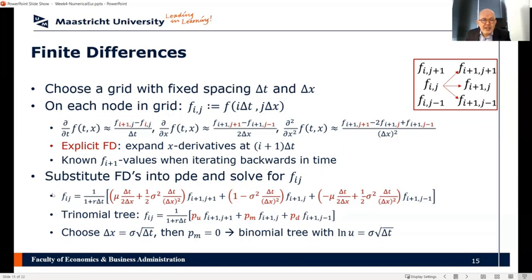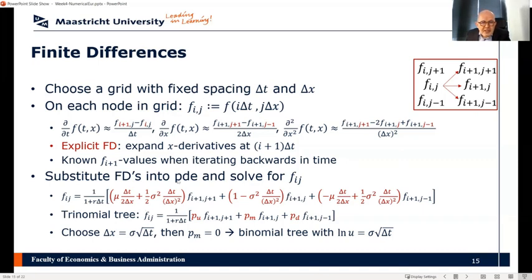I can express this as 1 over 1 plus r delta t times a big term of fi plus 1 j plus 1 plus a second term of fi plus 1 j and a third term times fi plus 1 j minus 1. So this is what I denote with the arrows here: fij is a linear combination of fi plus 1 j plus 1, fi plus 1 j, and fi plus 1 j minus 1.